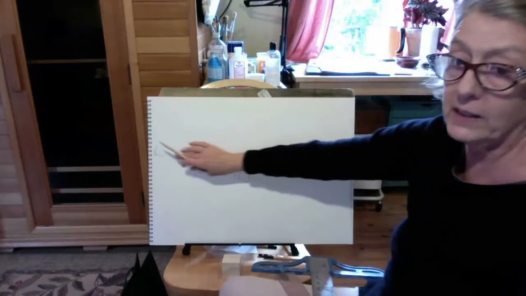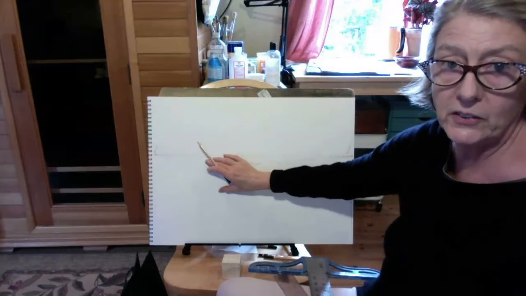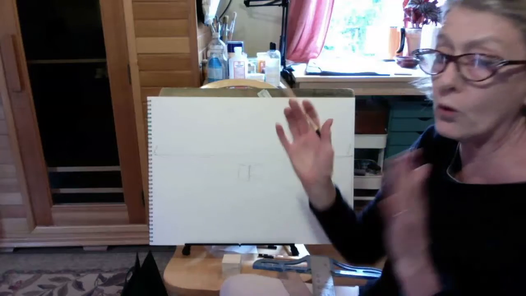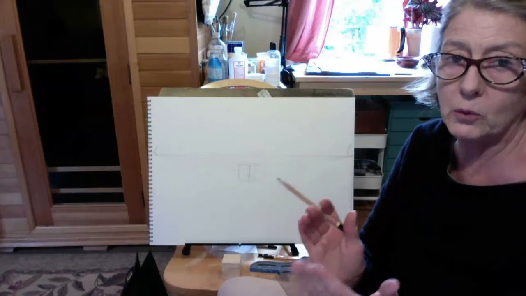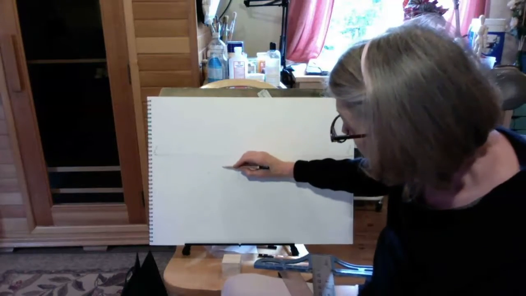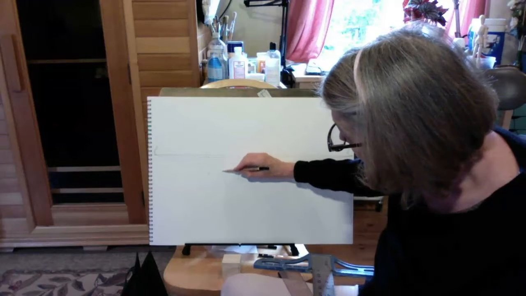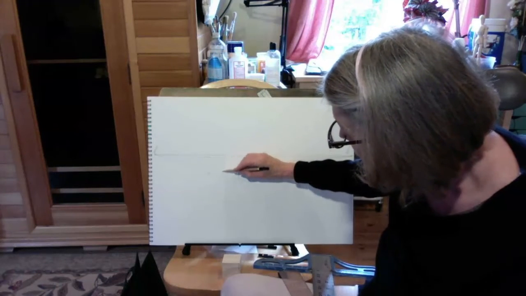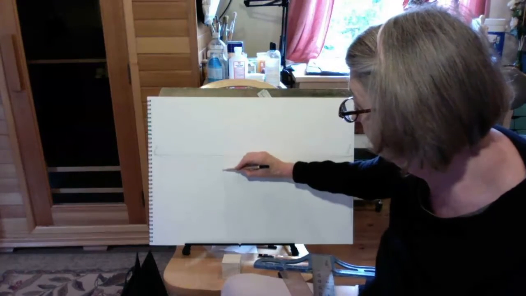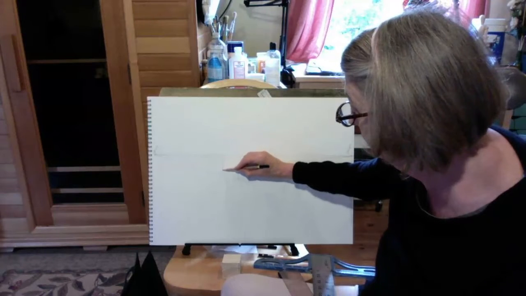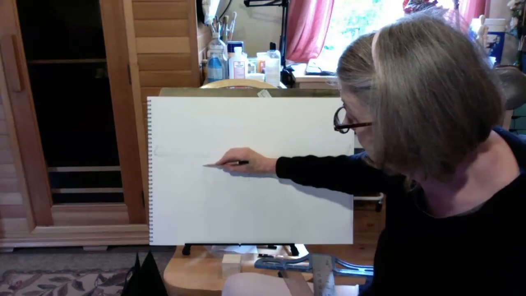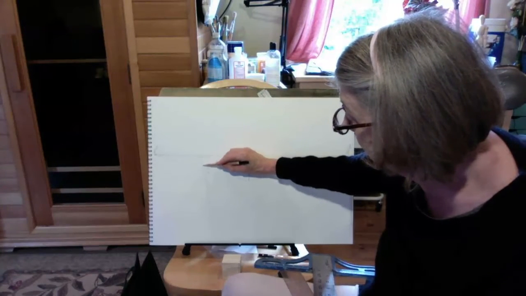So the closer the vanishing point is to a side, the less you see of that side, the more foreshortened that side will be. So this side here is going to be wider, not completely 2 inches, but wider. And this side is going to be narrower.